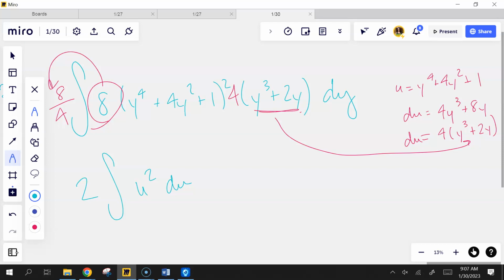Because my du had a 4 in it out here, so I had to add that 4 in here to make all of this du. If I multiplied in here, I had to divide out here, and I moved that 8 outside. Now, if you see it like they see it, where they divide both sides by 4 here, you can do that too, either way.